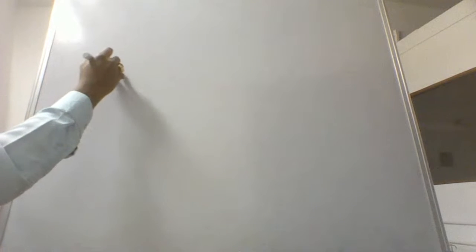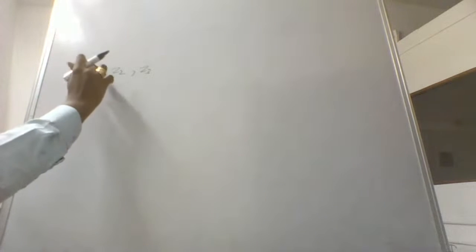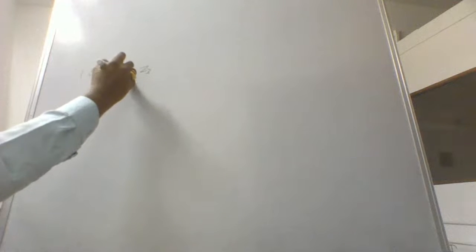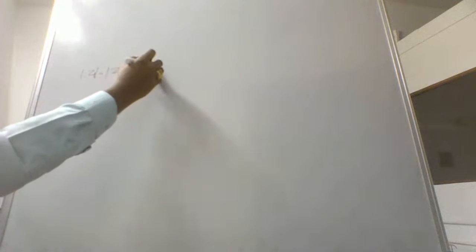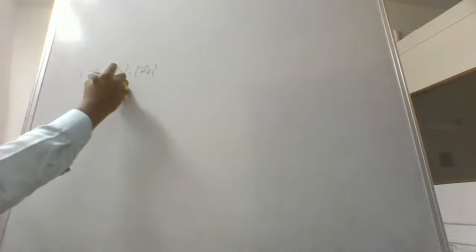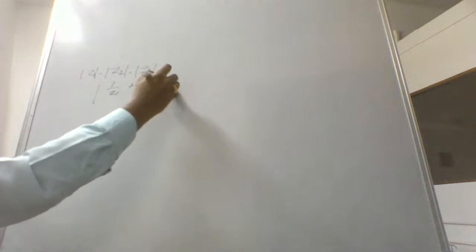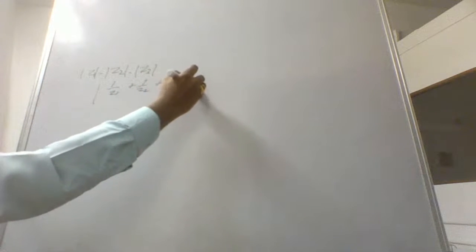Okay. The complex numbers which are given are z1, z2, z3, and the mods of these are equal. Also we have been given mod of (1 by z1 plus 1 by z2 plus 1 by z3) is equal to 1.